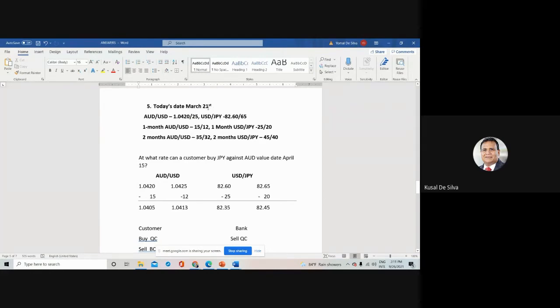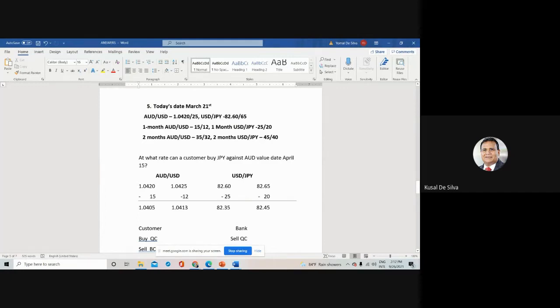Today is March 21st, and they have given you the April month details. Then you are expected to apply the right 1 month or 2 month rate. Don't think about today's date. I can change these dates to current dates if you want, but these dates are given and applied.